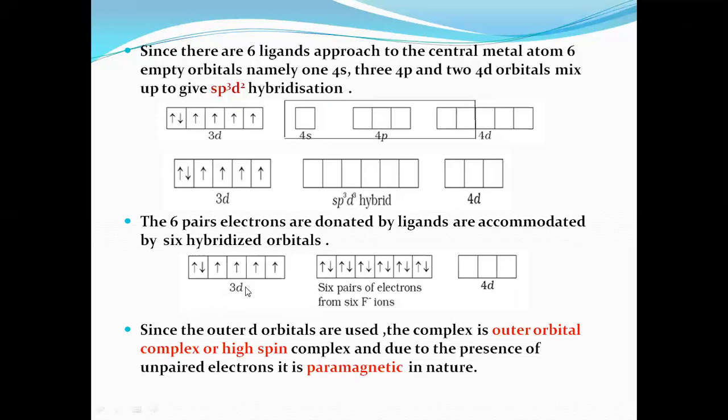That is due to the presence of unpaired electrons in the complex. And the complex which uses outer d orbitals for hybridization is therefore called an outer orbital complex.